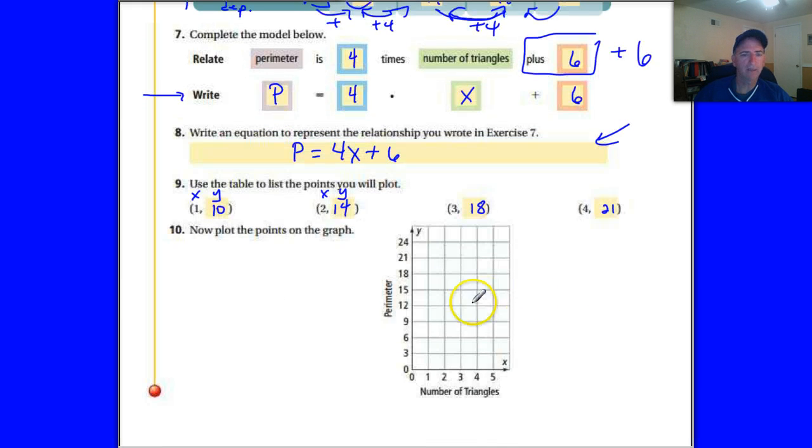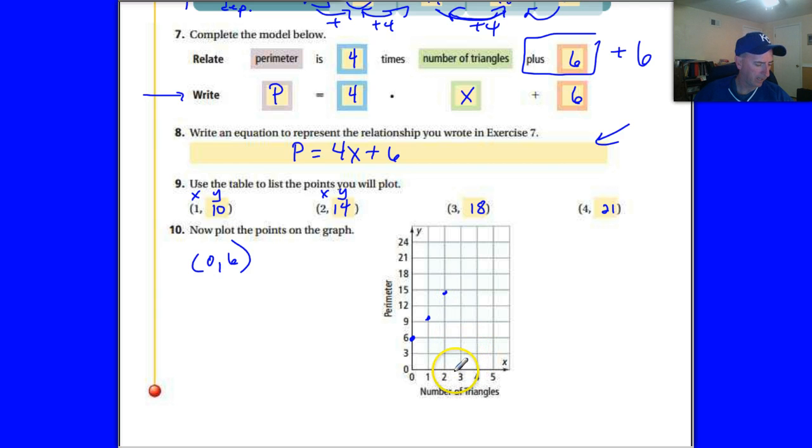So the last thing you need to be able to show is the graph. And we also figured out that at 0 was 6, so I could actually plot 0, 6 as well, because we went backwards and figured that out to help us write the equation. So at 0 we had 6, and then at 1 we had 10, which would be a little bit above the 9. 2 was at 14, so that's just under 15.